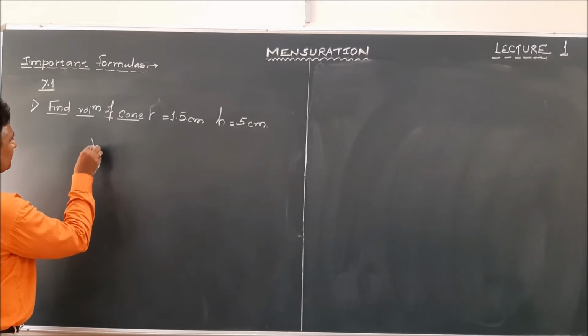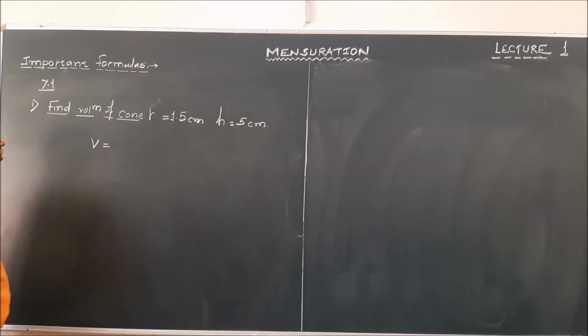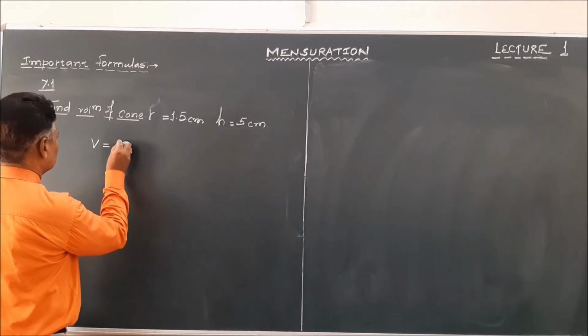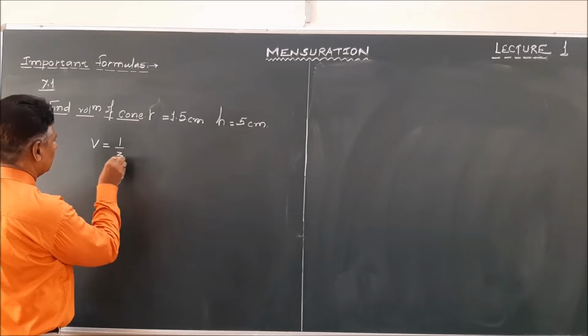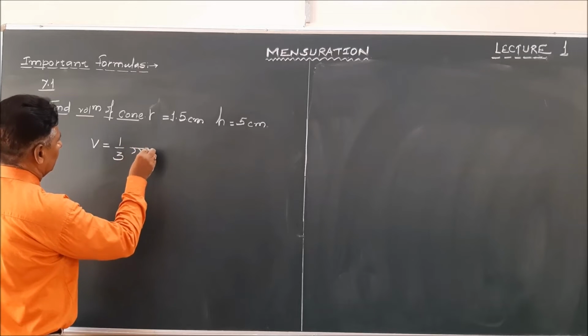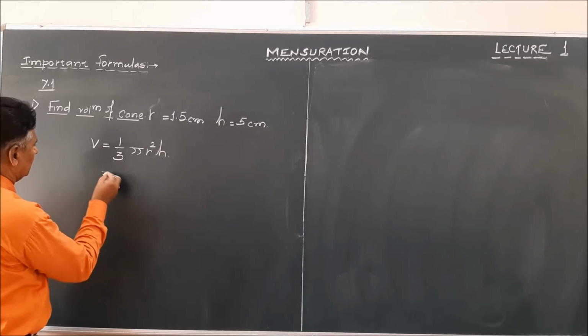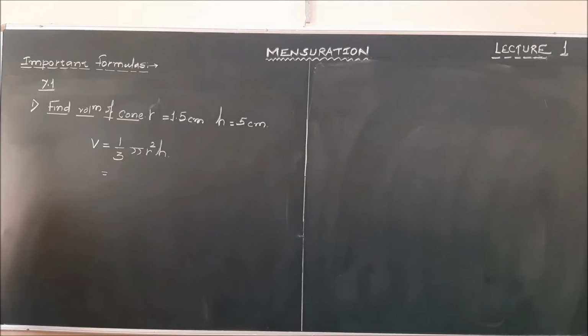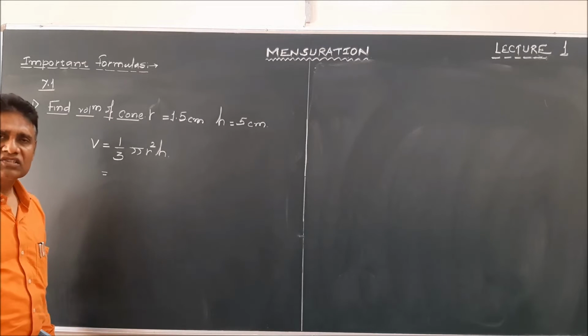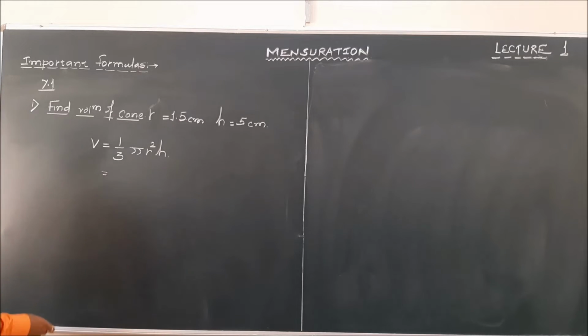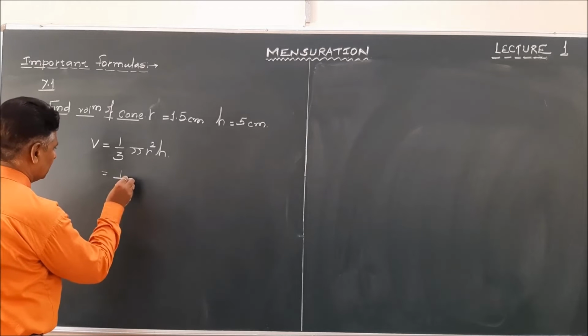Now please try to understand. Volume of a cone is 1/3 pi r square h. Try to understand the formula. Now 1/3 we take as it is.